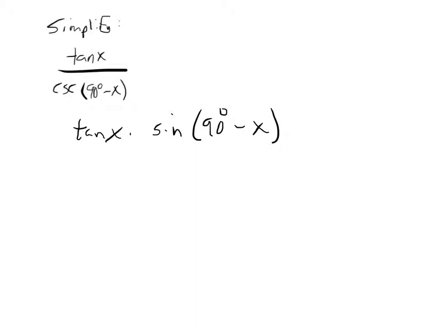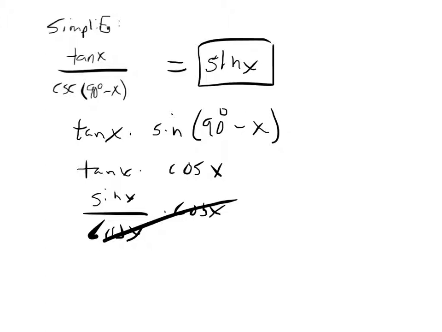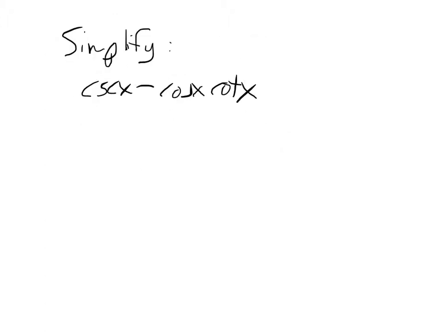And I then look at sine of 90 minus x, and the sine of 90 minus x is cosine x, so I've got tan x times, by my cofunction relationship, cosine of x, and tangent is sine x over cosine x times cosine x. Cosines will cancel, so this expression equals sine of x. So again, a good strategy at times is to convert everything to sines and cosines, and some cancellation can occur.